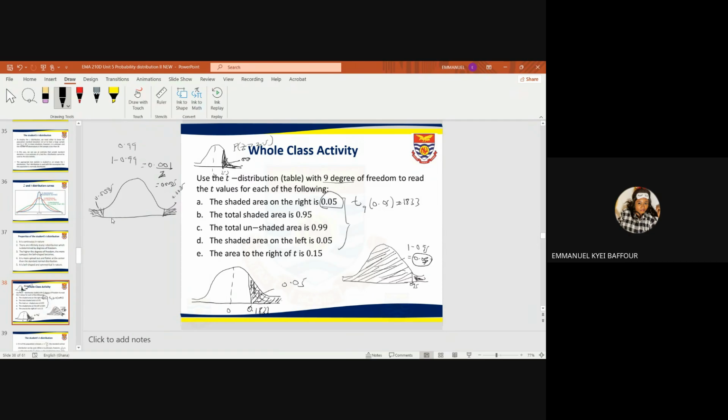So you are now coming to calculate for a value that corresponds to this. Because it is two-tailed, you get negative and then positive. So you pick your table. You all have the table, so give me that value and let's see. 0.005 against degrees of freedom 9.